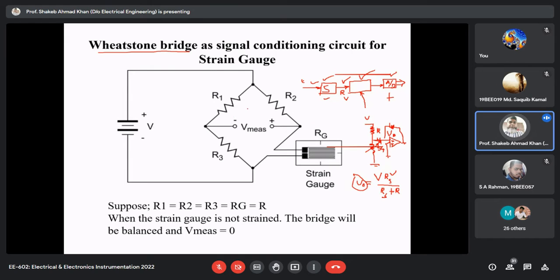Whatever signal conditioning stages are required for a strain gauge, I had described. What exactly is the signal conditioning function it is performing?